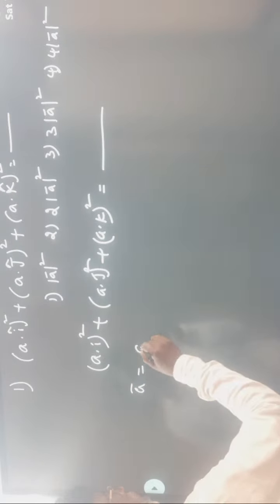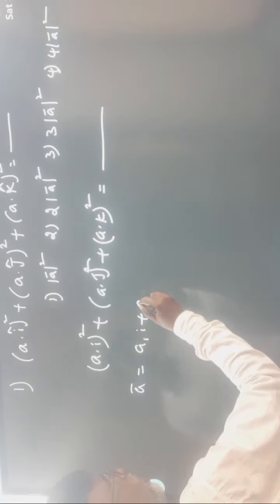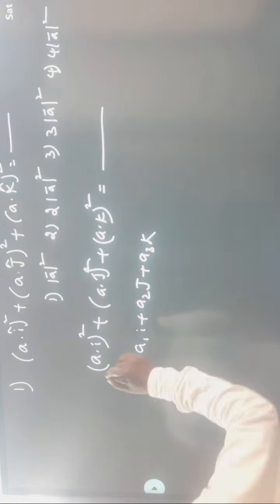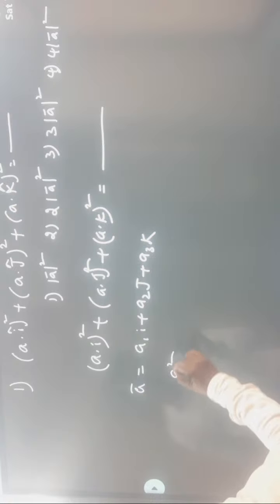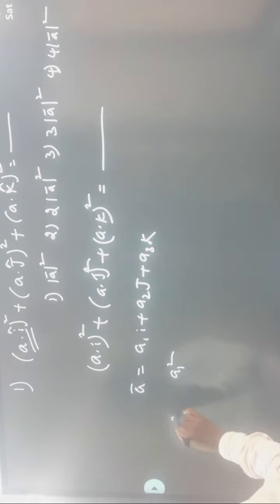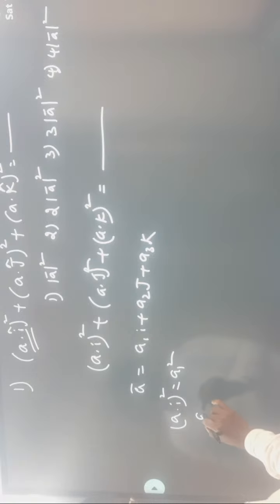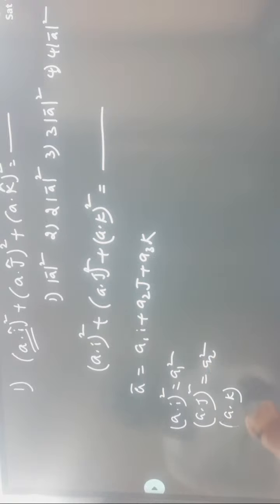Suppose a is taken as a1 i plus a2 j plus a3 k. Now, what is a dot i? a dot i whole square gives a1 square. a dot j whole square gives a2 square. a dot k whole square gives a3 square.